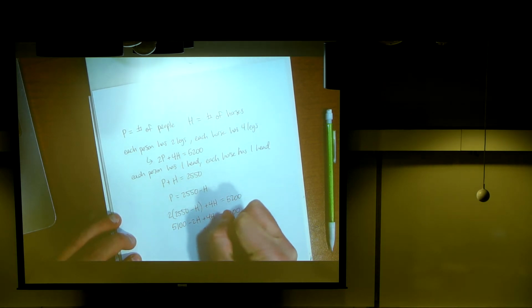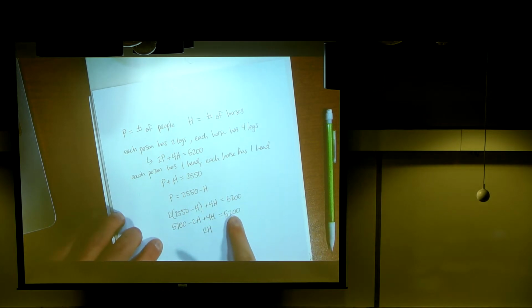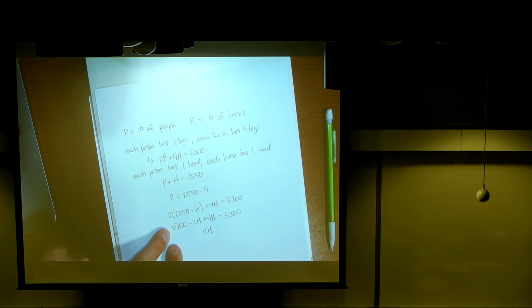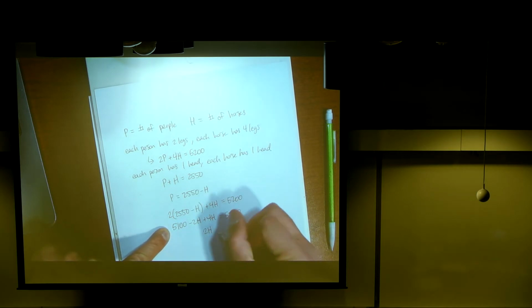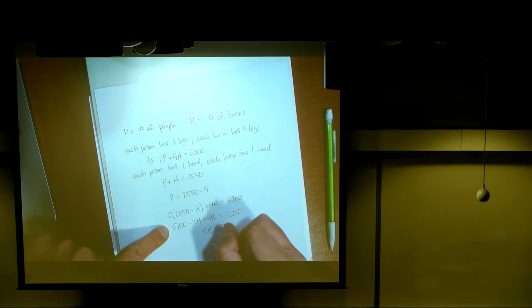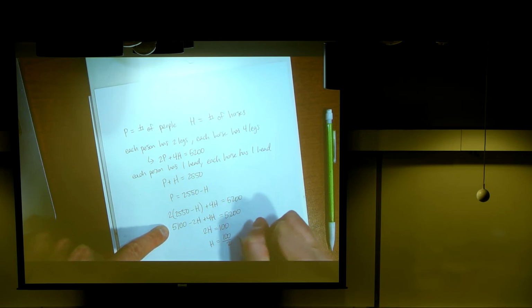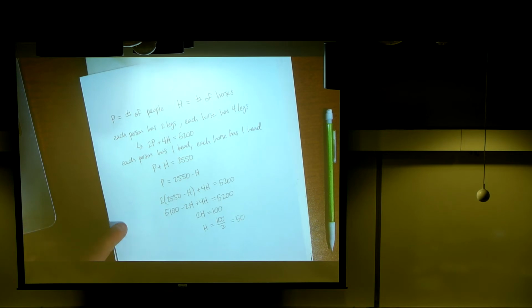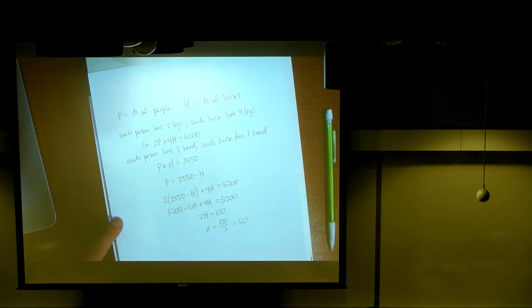That's just going to be 2H, right? And then what's 5,200 minus 5,100? Just 100, right? So H must be 100 over 2, or 50. That's how many horses there are.